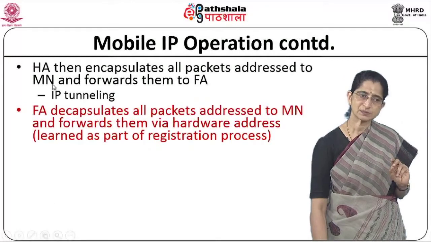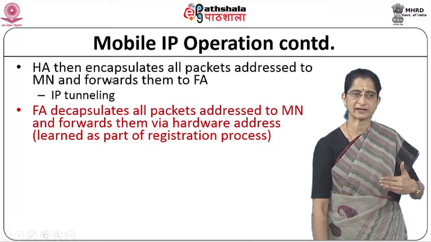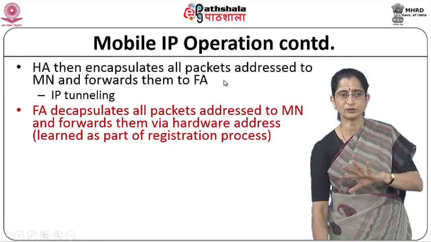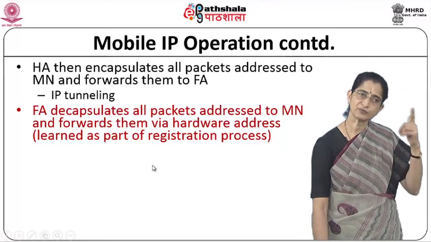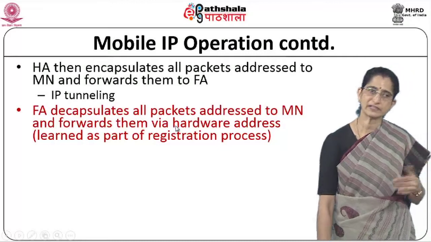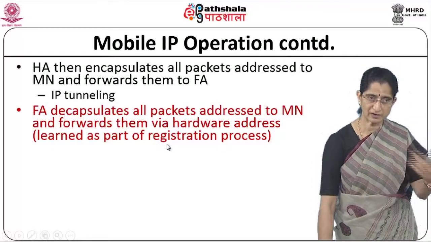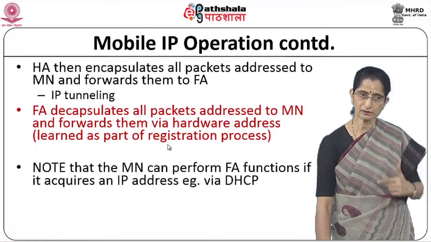So the home agent, once it intercepts the packet, will encapsulate all the packets addressed to the mobile node and forward them to the foreign agent using the tunneling mechanism. The foreign agent will decapsulate all the packets addressed to the mobile node and forward them via the hardware address, which will be learned as part of the registration process, and give them to the mobile node.